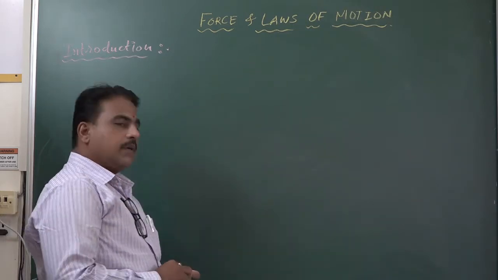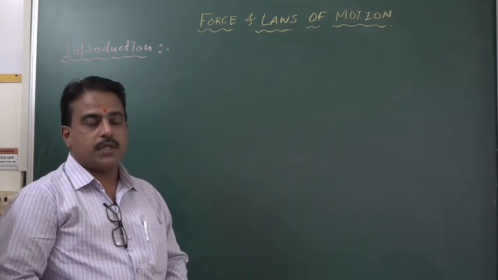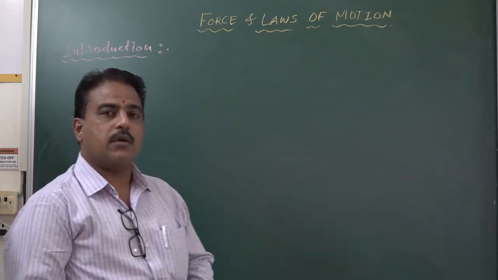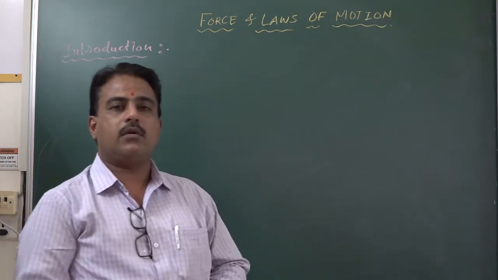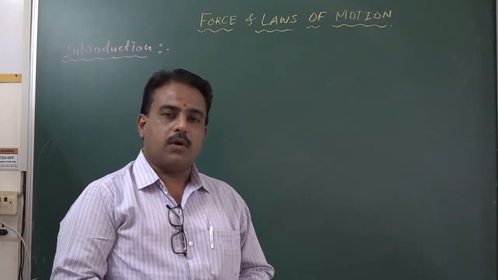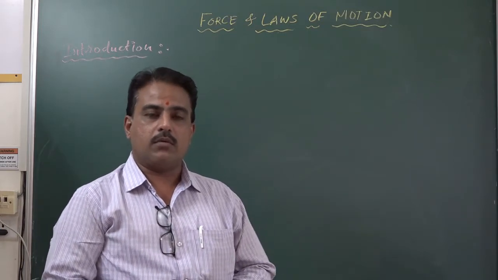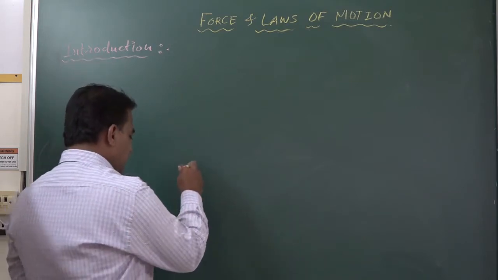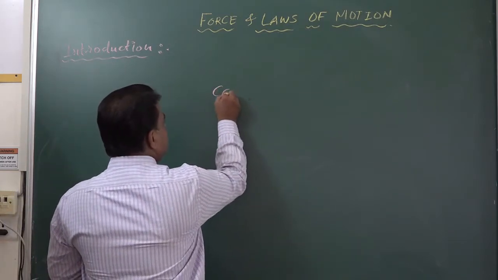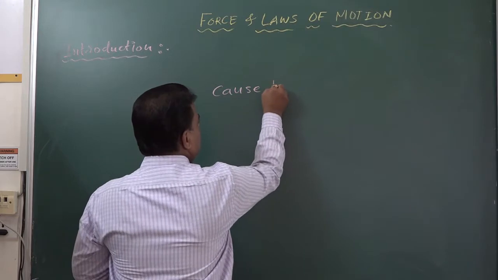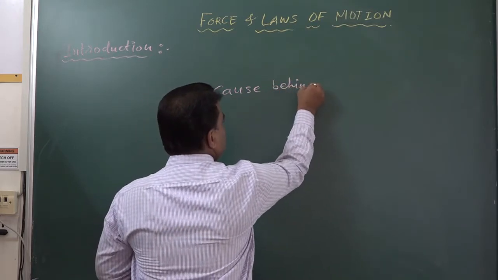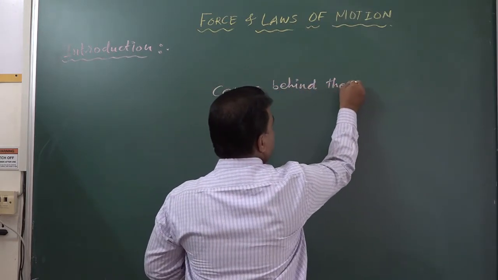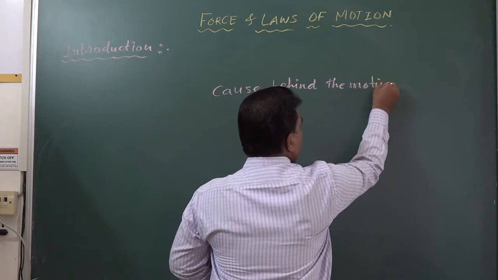Now, in the previous chapter, all those concepts that we have seen in motion, you must have observed that we have not focused on what causes this particular motion. So, in the previous chapter, the cause behind the motion we have not considered.